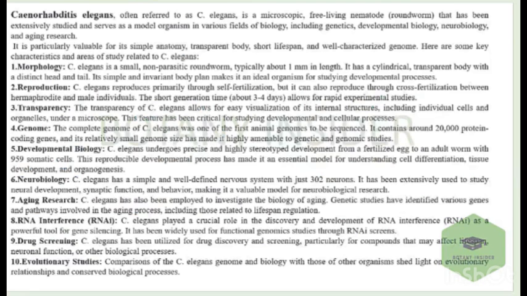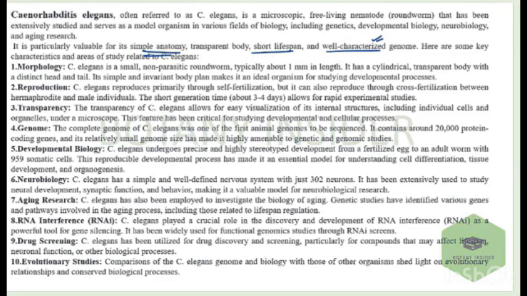Right now, when we talk about the various characteristic features of the same, it also has a short lifespan, and a well characterized genome is there. One very important feature is that C. elegans have a transparent body. Okay, it is particularly valuable for its simple anatomy.